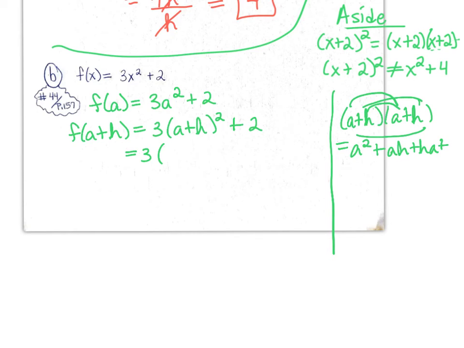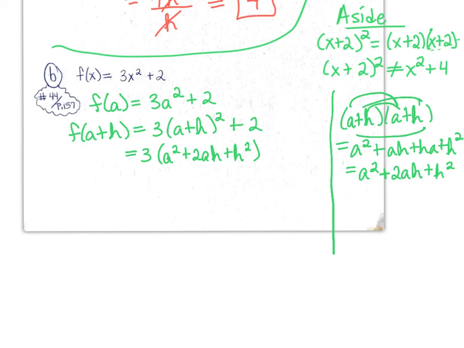Plus h times h. What's h times h? h squared. Good. So this is equal to a squared plus what? 2ah, good, plus h squared. And then we take that and we substitute it in here. Does that make sense?